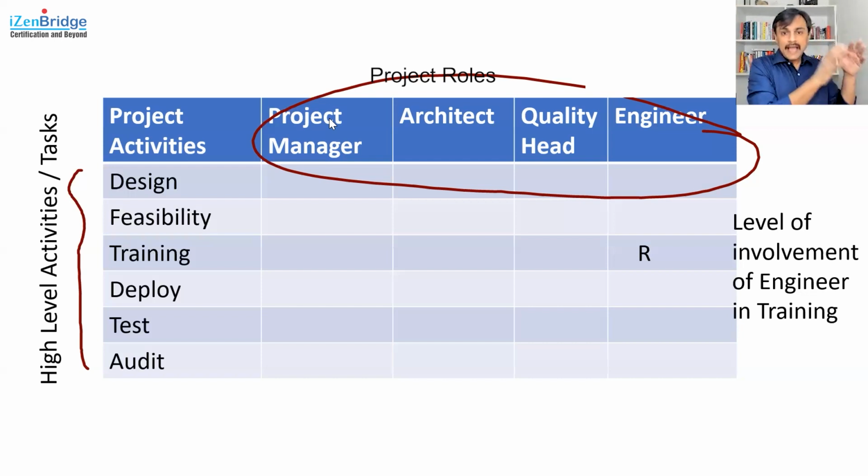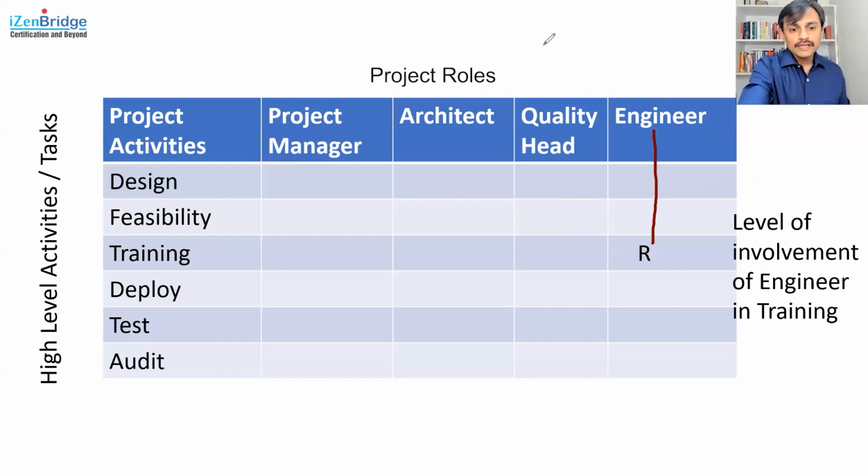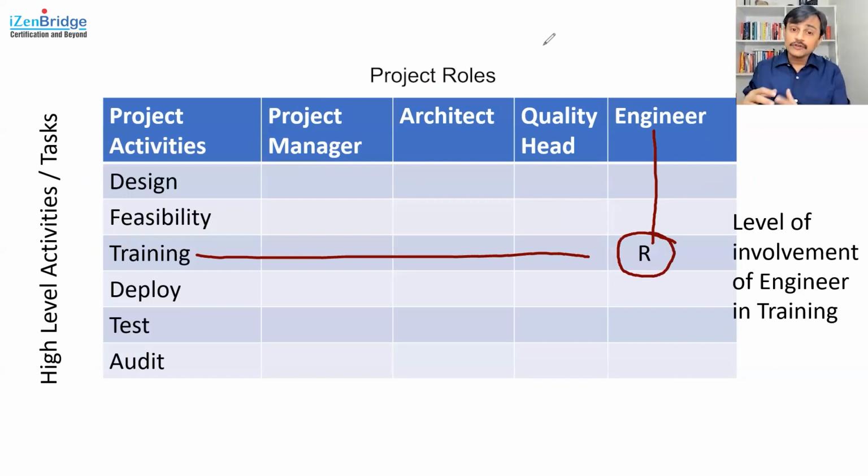So we put the activities or high-level tasks as rows, and we put the people or the roles as columns, and then we need to identify, for a given role and a given activity, what contribution the person is expected to make. That expectation is presented with the help of 4 characters: responsible, accountable, consulted, and informed.